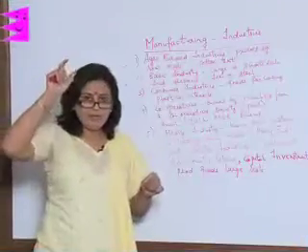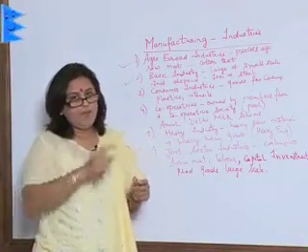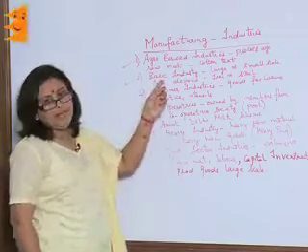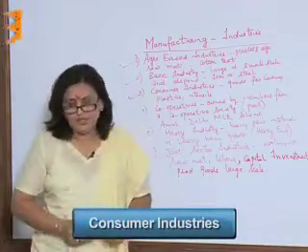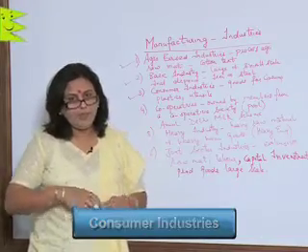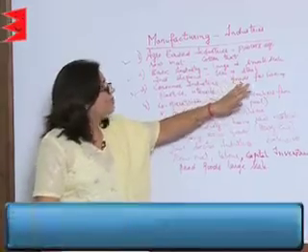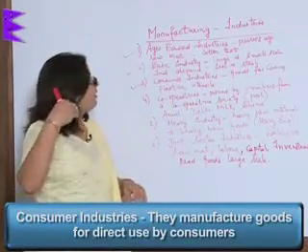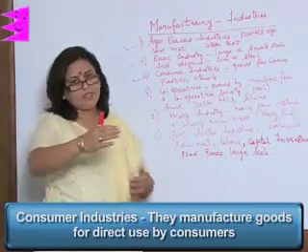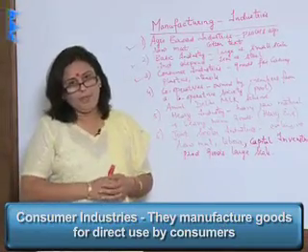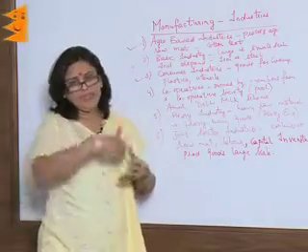So, whether it is a big manufacturing unit or a small manufacturing unit, all of them have to depend upon the basic industry. Next, we have consumer industries. Again, very simple. These industries manufacture goods for direct consumption, to be purchased by the consumer and used by him. It could be the plastic or the utensils that they make.